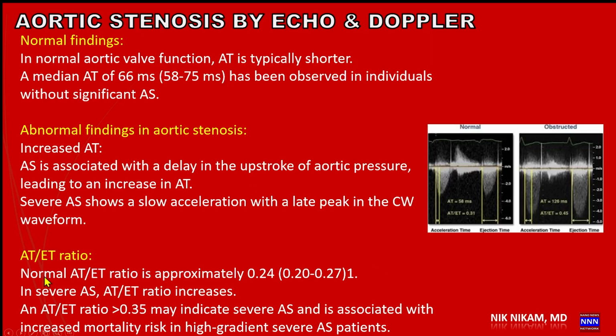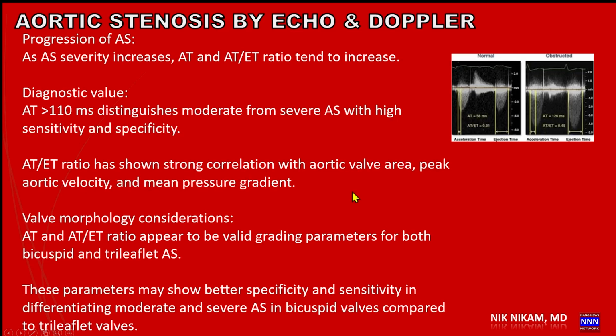And the normal acceleration time over ejection time, the total ejection time ratio, is 0.24. If the acceleration time over ejection time ratio is greater than 0.35, this may indicate severe aortic stenosis. So ladies and gentlemen, this is further explanation of the diagnostic value of acceleration time.